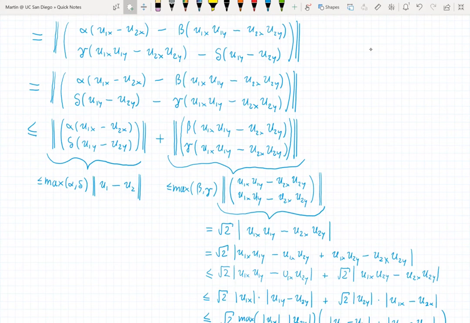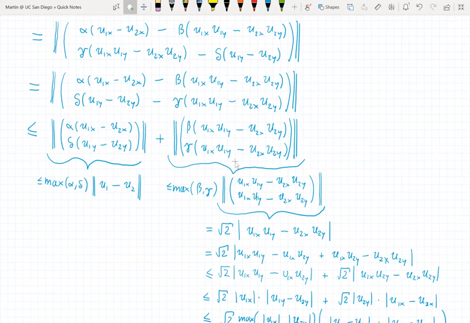So similar as before, we can factor out the maximum of beta and gamma to get an upper bound, so that Euclidean norm is bounded from above by the maximum of beta and gamma times the norm of the vector with first component u1x u1y minus u2x u2y. And the second component happens to be the same.